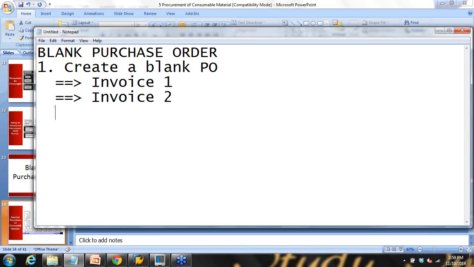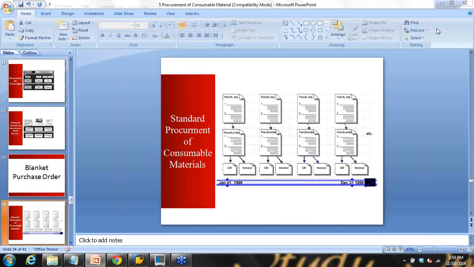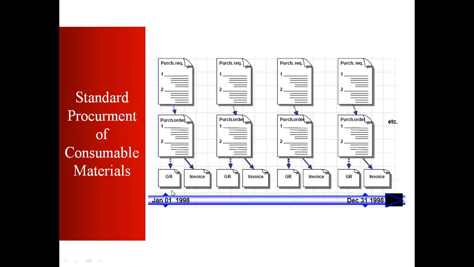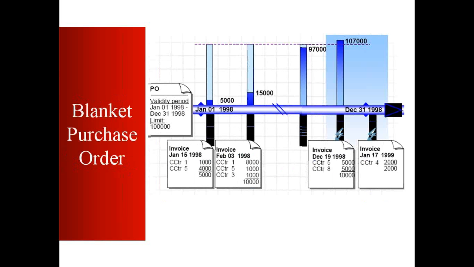Depending on the validity of your order, you can create as many invoices. So if next month I need to buy some more goods, I can use the same purchase order, which is a blanket purchase order. And in the purchase order you can give it a validity.